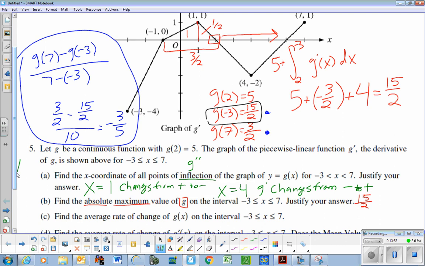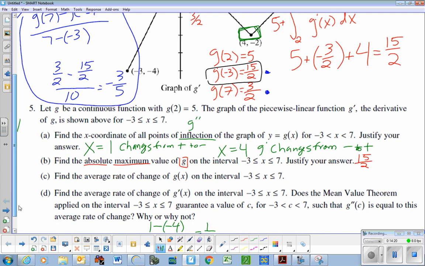And the answer to this is no, because the graph you have is not differentiable at all points. Now, if you remember when you started studying graphs, it is not differentiable at points such as these right here. And since there's at least one of those on the graph, the mean value theorem is not going to work.